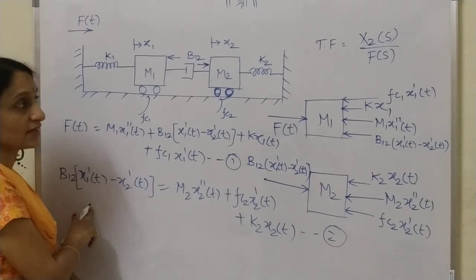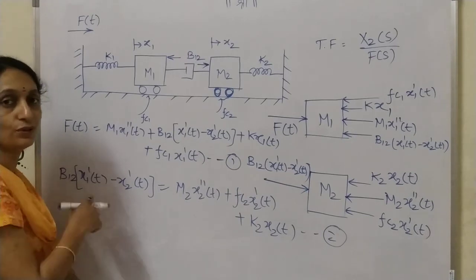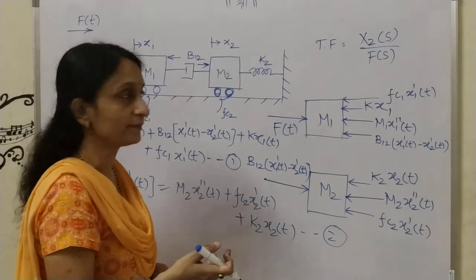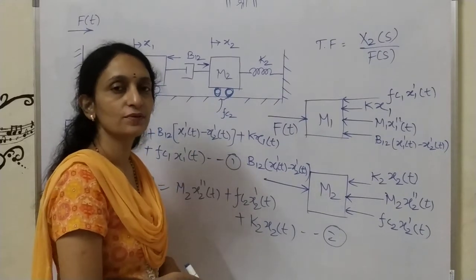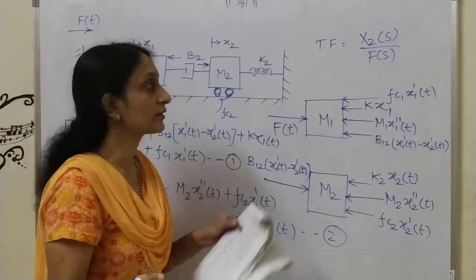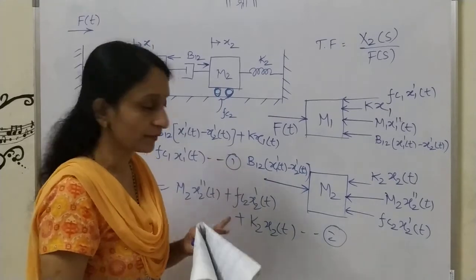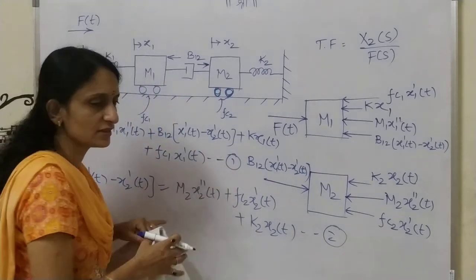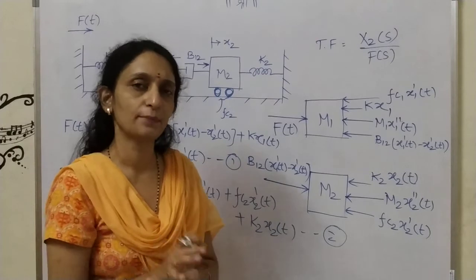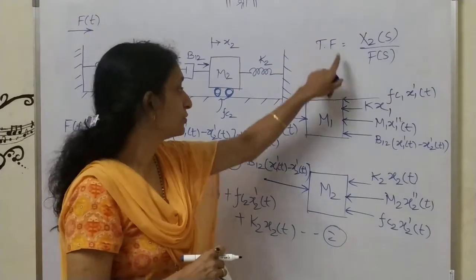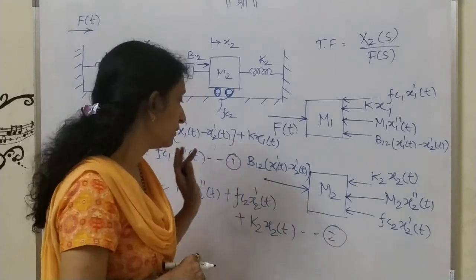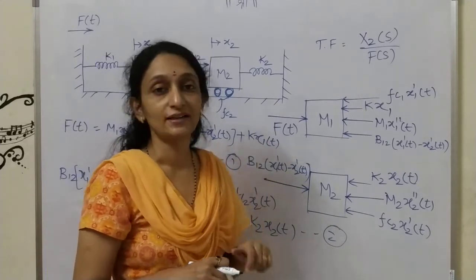If it is X2 of s upon F of s, you need to obtain the X1 of s equation. If it is asked to obtain X1 of s upon F of s, you have to obtain the equation for X2 of s. Simply, there is a rearrangement after taking the Laplace transform. It will take some time, but your arrangement should be in standard form.